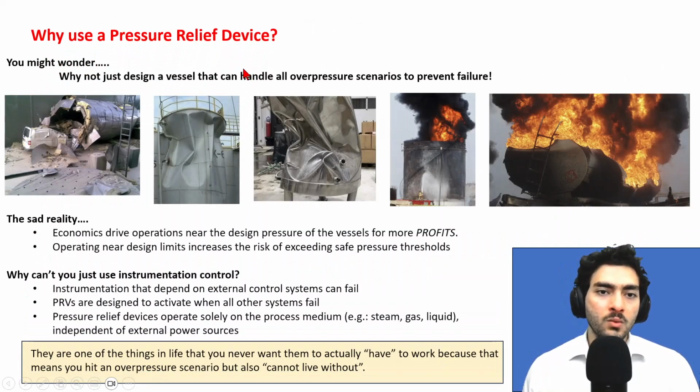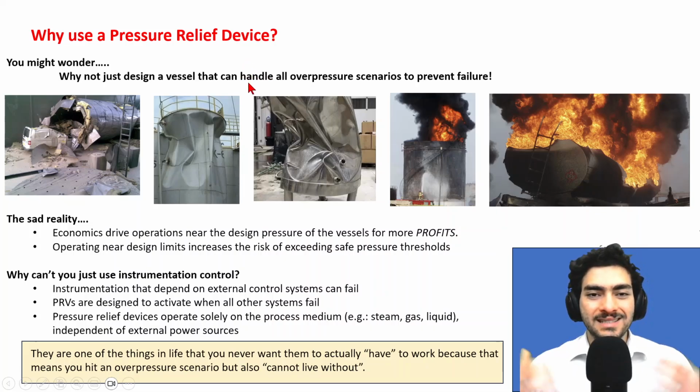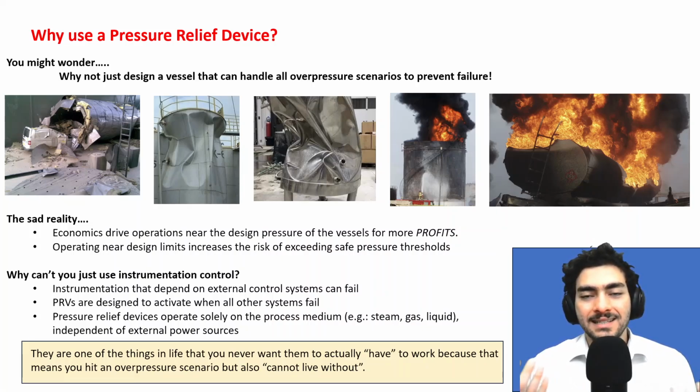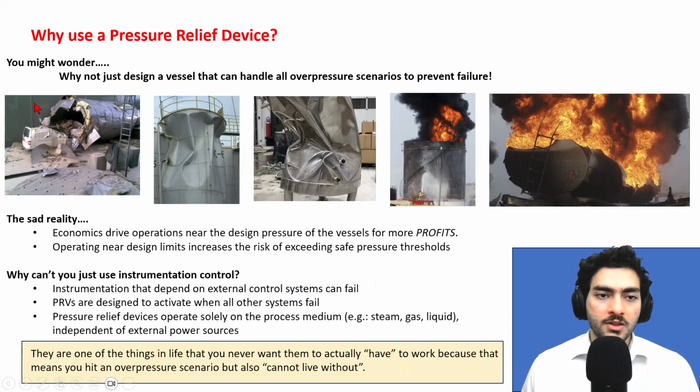Now, you might wonder, why not just design a vessel that can handle all overpressure incidents to prevent the vessel from failing? Well, first let's look at these pictures. Over here on the left-hand side, you have a large vessel that has exploded. And the following two pictures, you actually have implosion on these vessels.